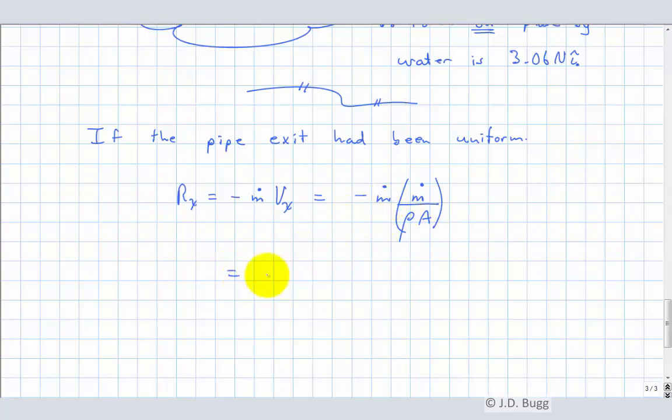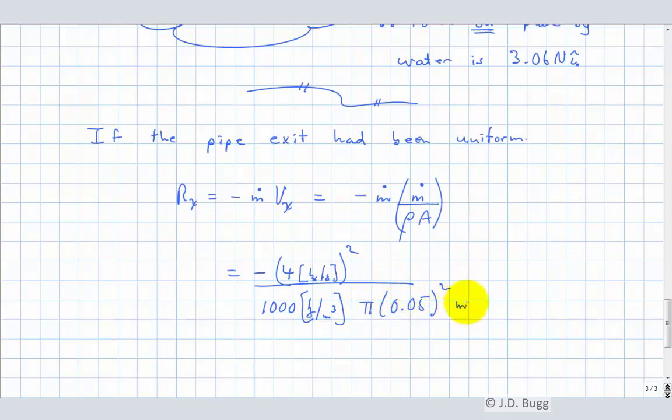So this is minus 4 kilograms per second, that's our mass flow rate, but it needs to be squared, divided by the density, 1,000 kilograms per meter cubed, and divided by the area, which is pi times the radius, 5 centimeters, squared, and that'll give us meters squared.